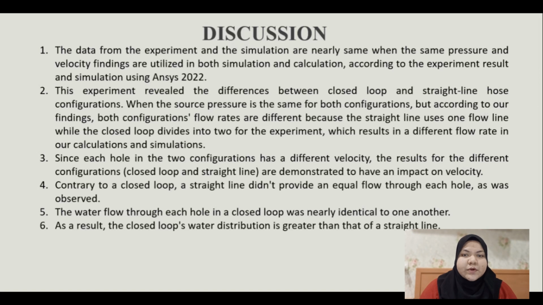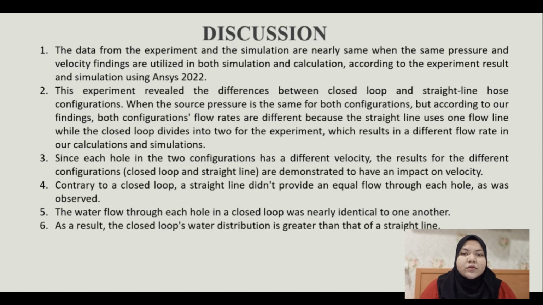According to the experiment result and simulation using ANSYS 2022, this experiment revealed the difference between closed loop and straight line hose configurations when the source pressure is the same for both configurations.